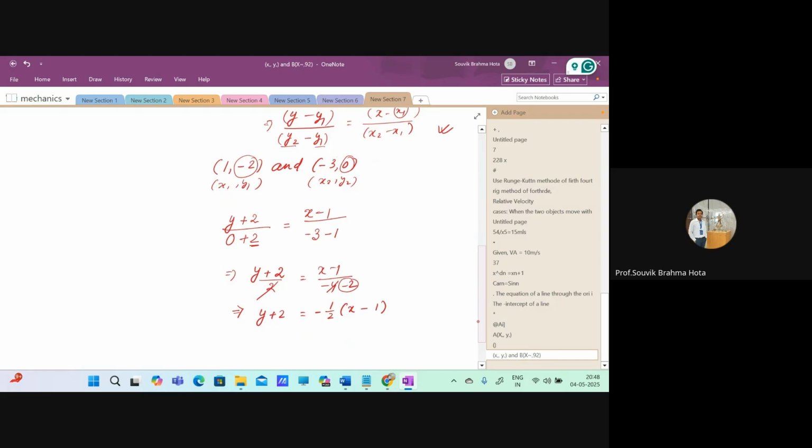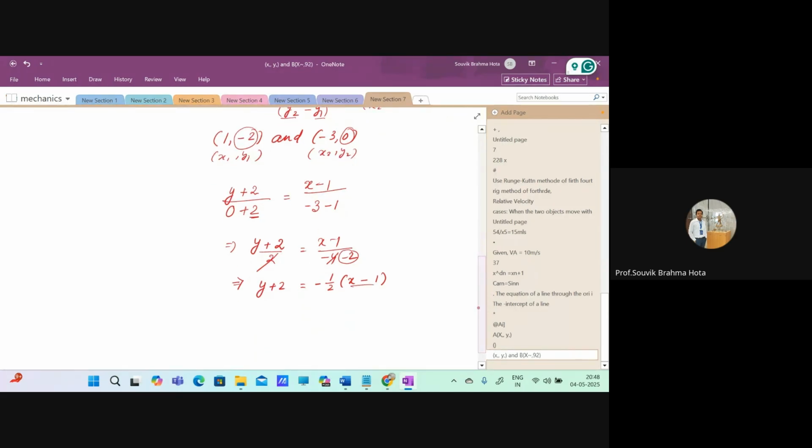So x minus 1 I'm keeping like that. And then it will become y is equal to... if you see this 2, you can multiply with this total term. So 2y plus 4 is equal to minus x plus 1.